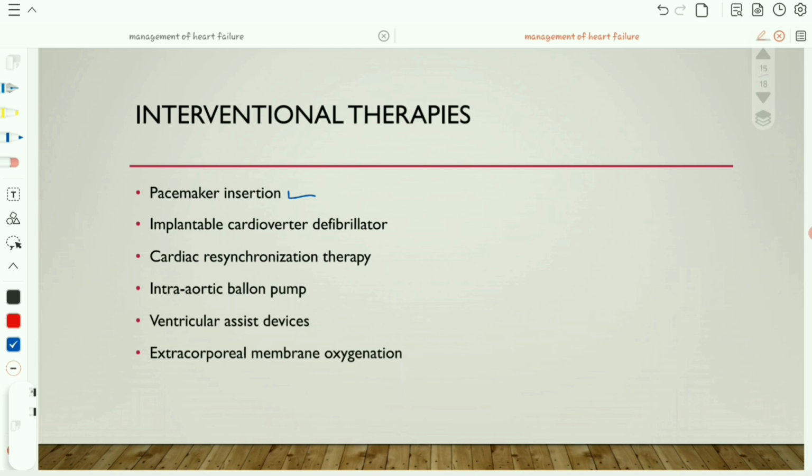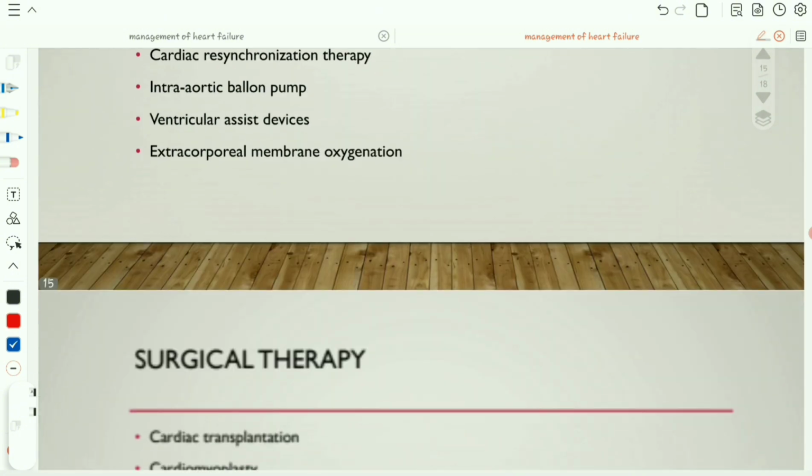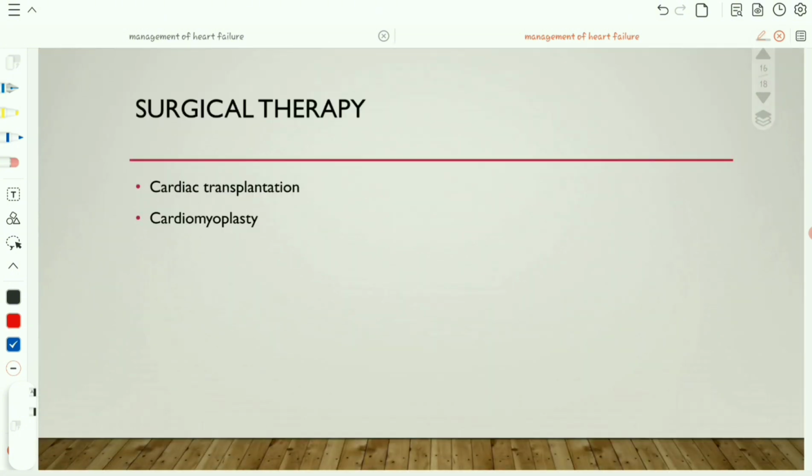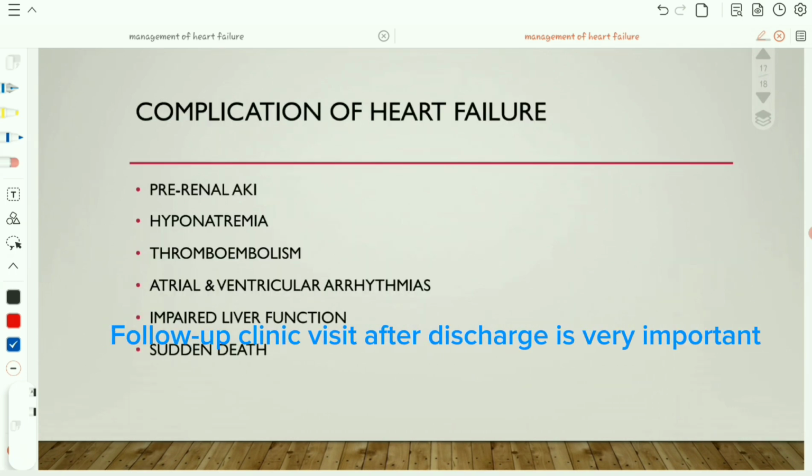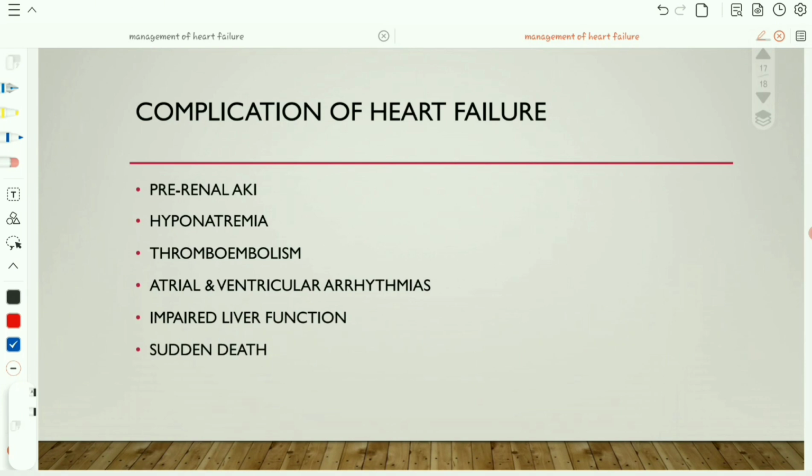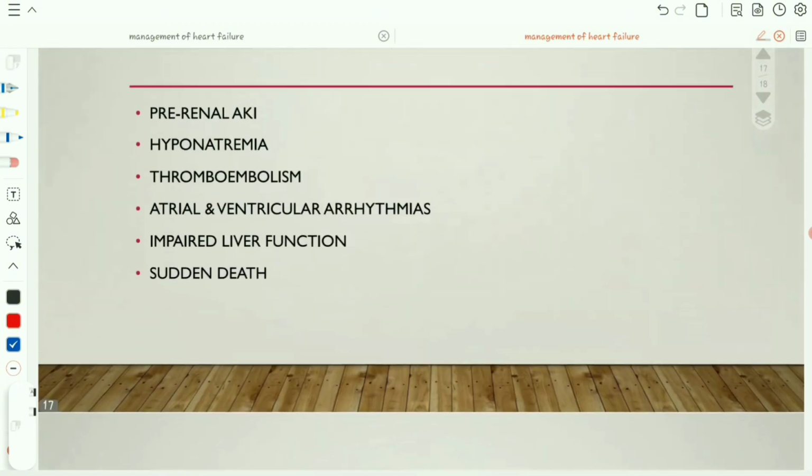These are just other interventional therapies. Are you getting me? Then we also have surgical therapy, which includes cardiac transplant, yes, cardiomyoplasty. This is like an addition to this slide. I actually added complications of heart failure, and I also added precipitants of heart failure.